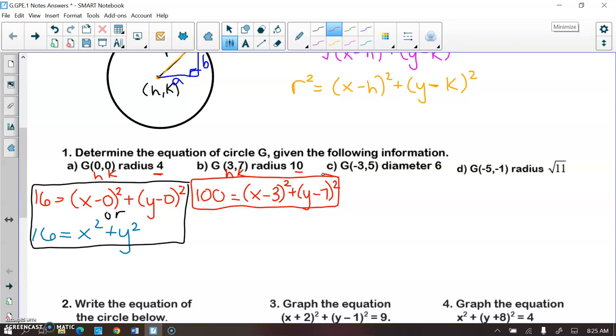For the next one, C is going to be labeled as our (h, k), our center. Our diameter is 6, which means our radius is 6 divided by 2, which is 3. So 3 squared is a 9, and that would equal x minus a negative 3, which is the same thing as a plus 3, squared, plus y minus 5 squared.